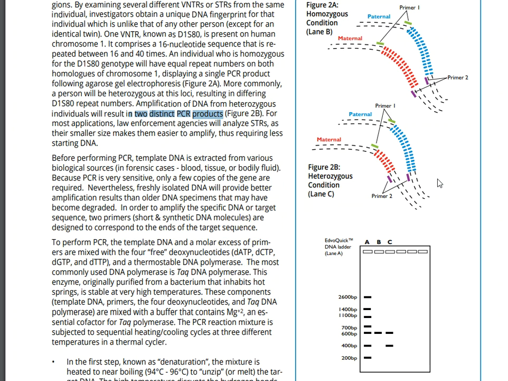One is a little bit shorter than the other one, so this piece of the parent and this piece of the parent are going to be a little bit different. When they come together and form this child, we call that heterozygous. Because they are not identical, you'll see two bands show up when the electrophoresis happens.